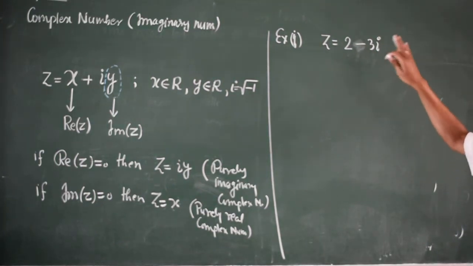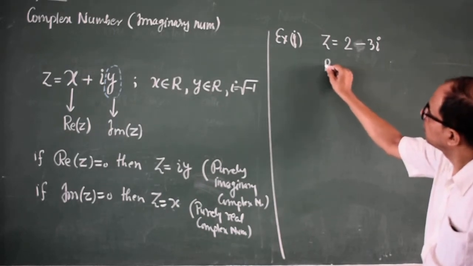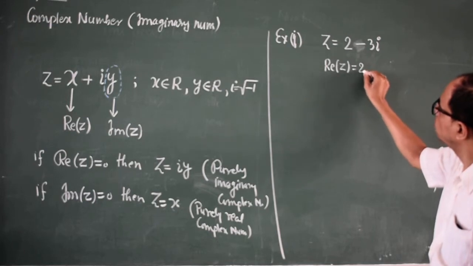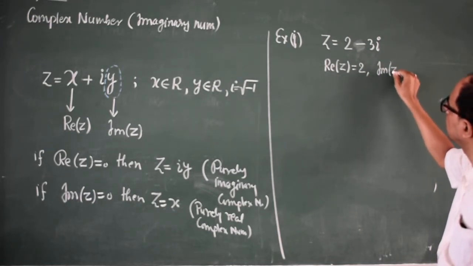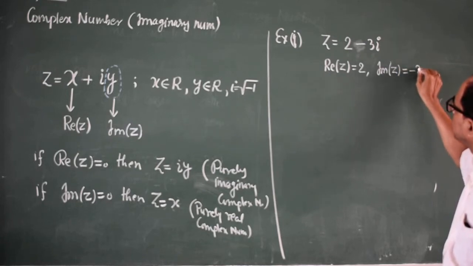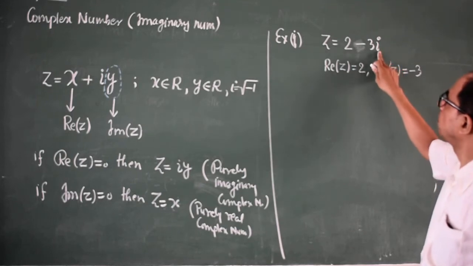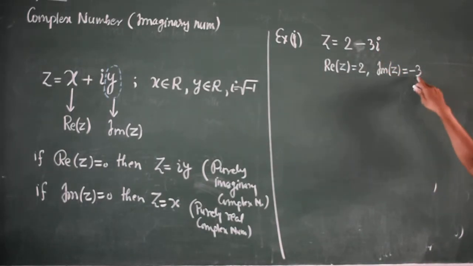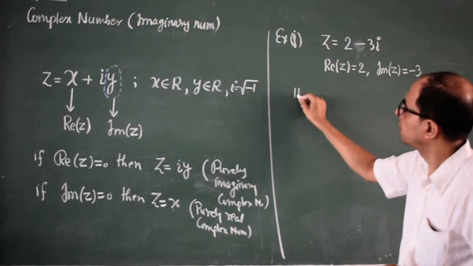So it is a complex number. Here the real part of z is 2 and the imaginary part of z is minus 3. Clear? The coefficient of iota with sign is called the imaginary part. So whenever you are writing the imaginary part, don't write iota, only the coefficient of iota.